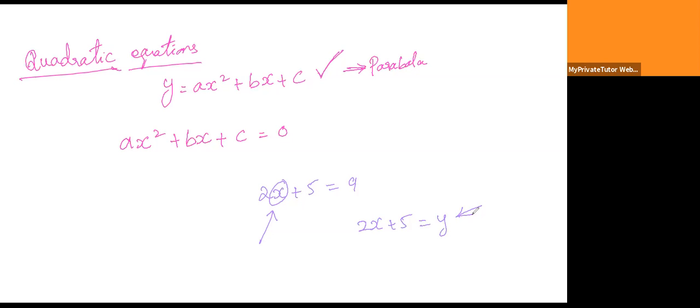A linear equation or a function means it has input and output. But I am just taking 0 here instead of y, because we are going to find the values of x. Here x is the input or variable, the unknown variable that we are going to find.